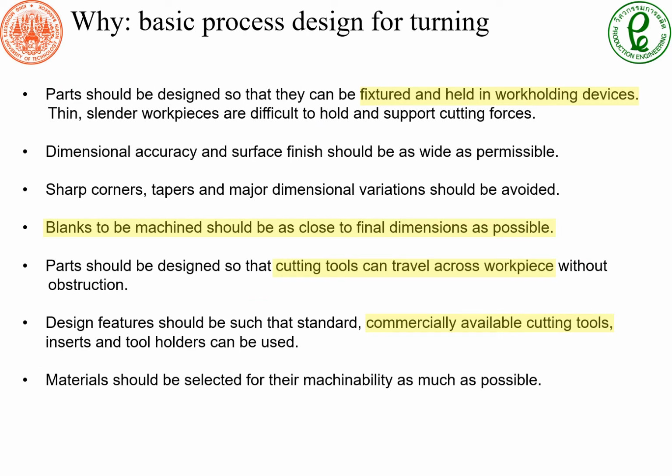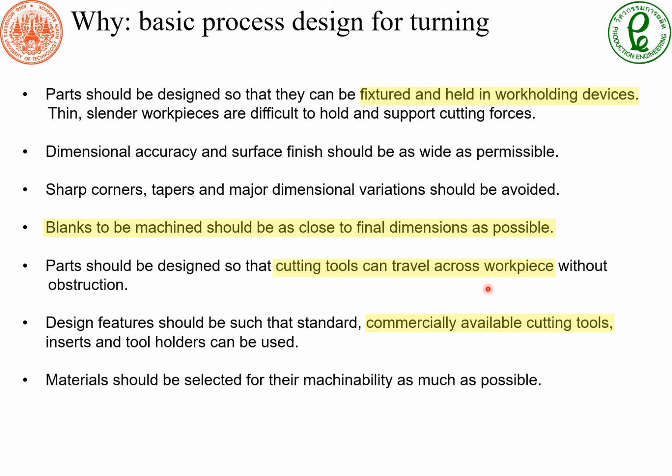In terms of the turning process, we want to make sure that when we perform the turning process, the workpiece is fixtured and held in very good work holding devices. The blank or the original workpiece shape should be as close to the final dimension as possible, so that we remove the minimum amount of work material possible.